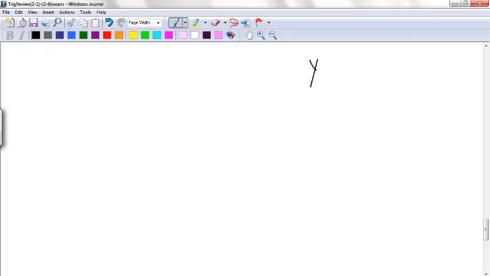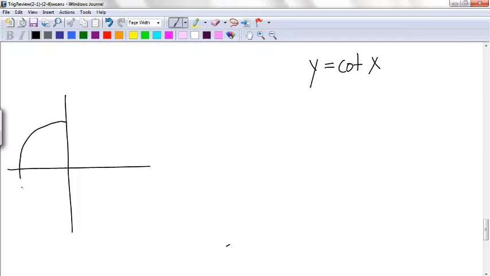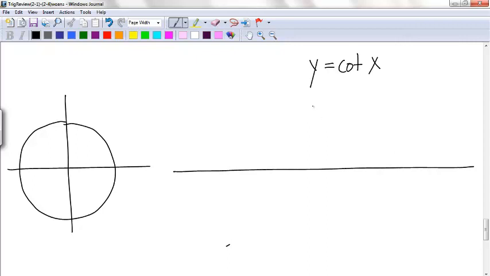Okay, so now we want to do y equals the cotangent of x. You can always go back to the line values, or if you just want to memorize the graphs, that's fine. And we're still going to do our standard labels, every pi over 2.